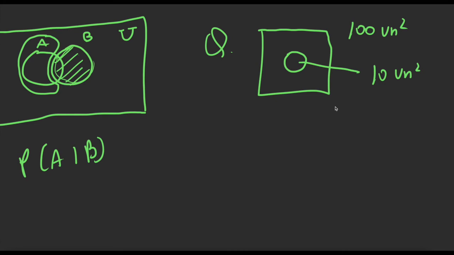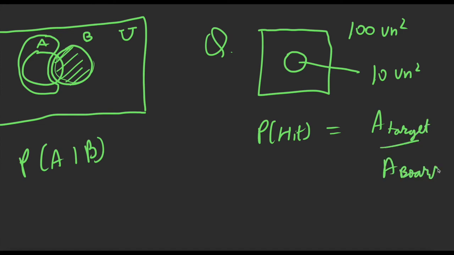Suppose this is a magical world where your dart will never go outside the boundary. What is the probability that you will hit the target? Well, it is the area of the target divided by the area of the board. So this is 1 by 10, right?